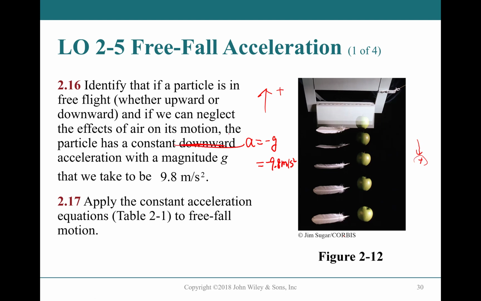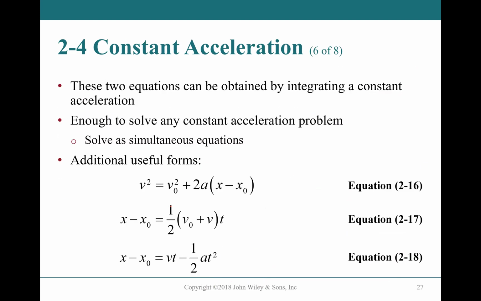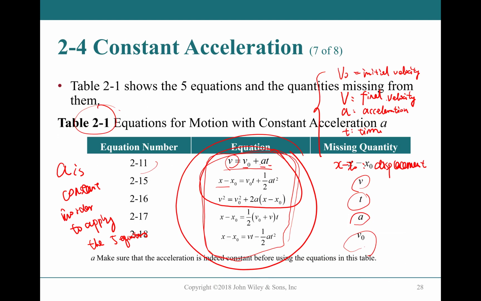Remember, it's a downward acceleration. So every object near a surface will experience the same acceleration, which equals 9.8 meters per second squared, going down, okay?